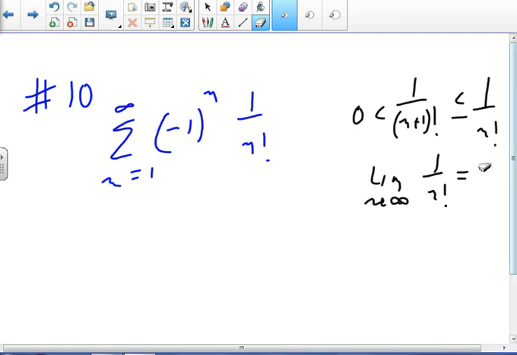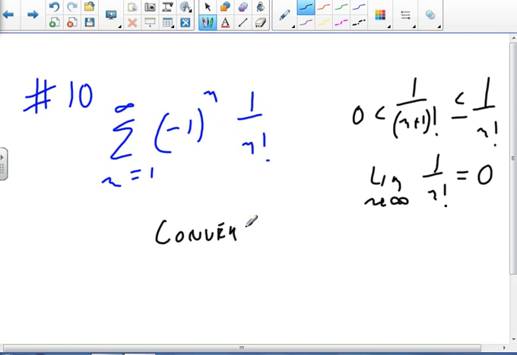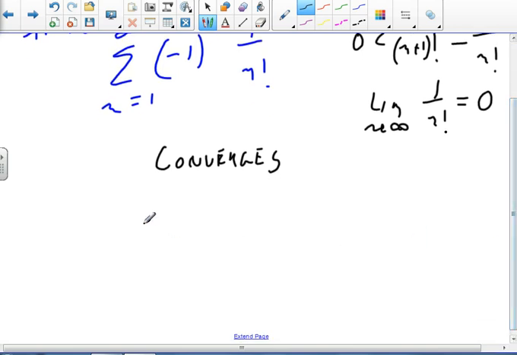So this obviously converges, and the 1 over n factorial gets very large very quickly in the denominator, so that's going to converge as well. So this is going to converge absolutely, and I'm not even going to have to do any more work than that.